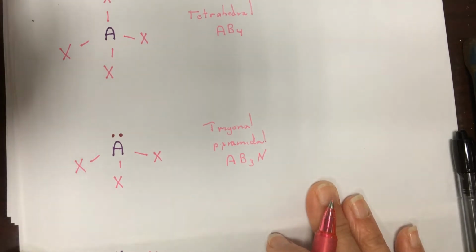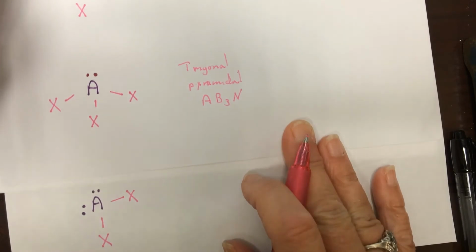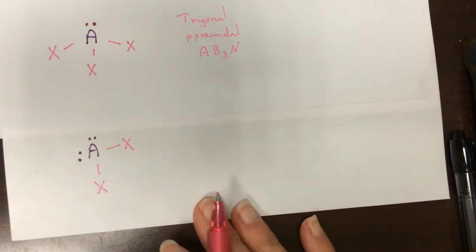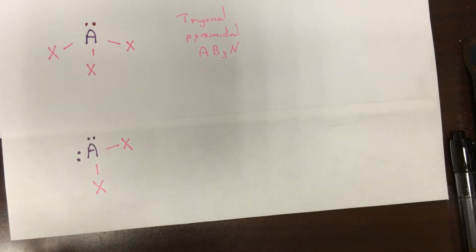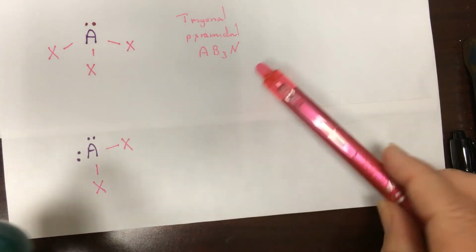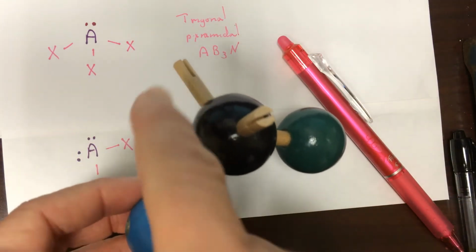Okay. So the very last one, we have an atom with two lone pairs and two bonded atoms. So it would look like this. Remember, we don't see the lone pairs, but they're there.